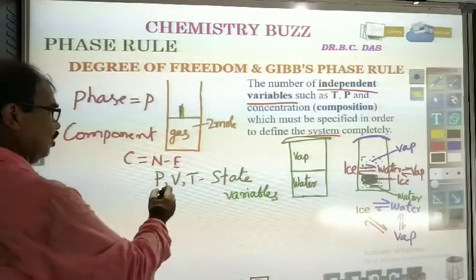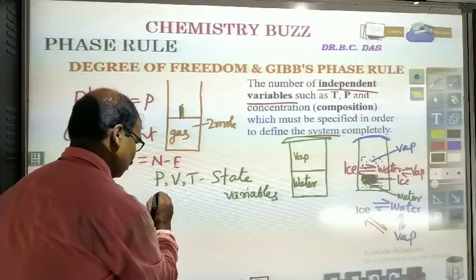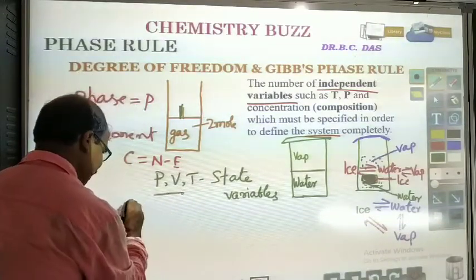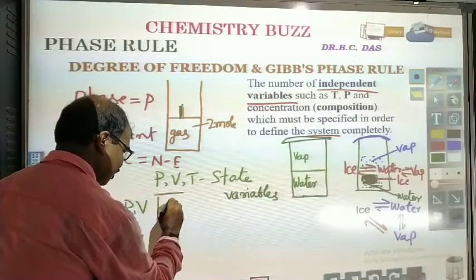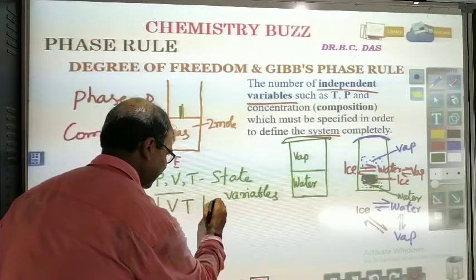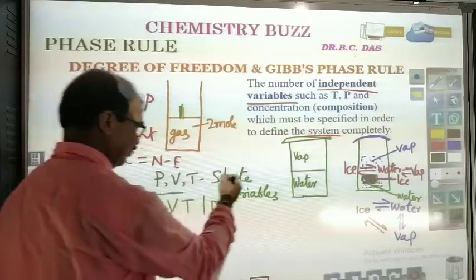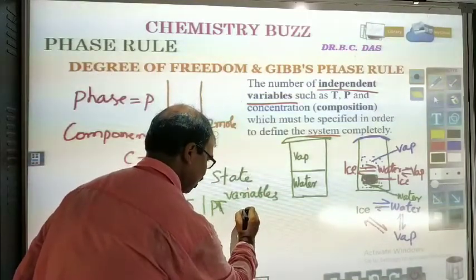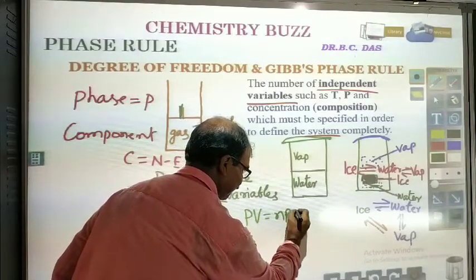Okay? But to define the state, we need only 2 variables. Say we can take PV or VT or PT, any 2 variables we can take, and we will determine the third one using the formula PV is equal to nRT. Okay.